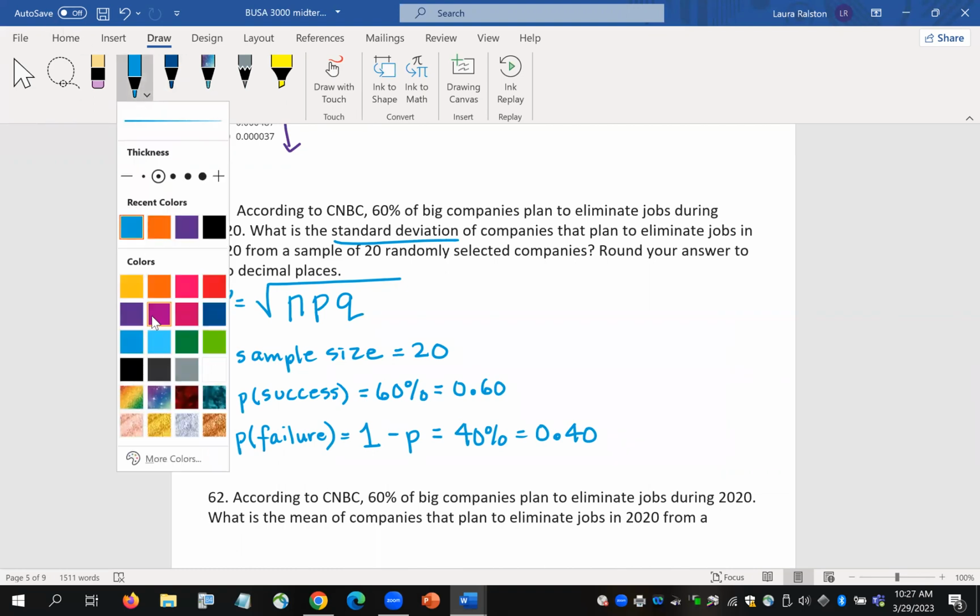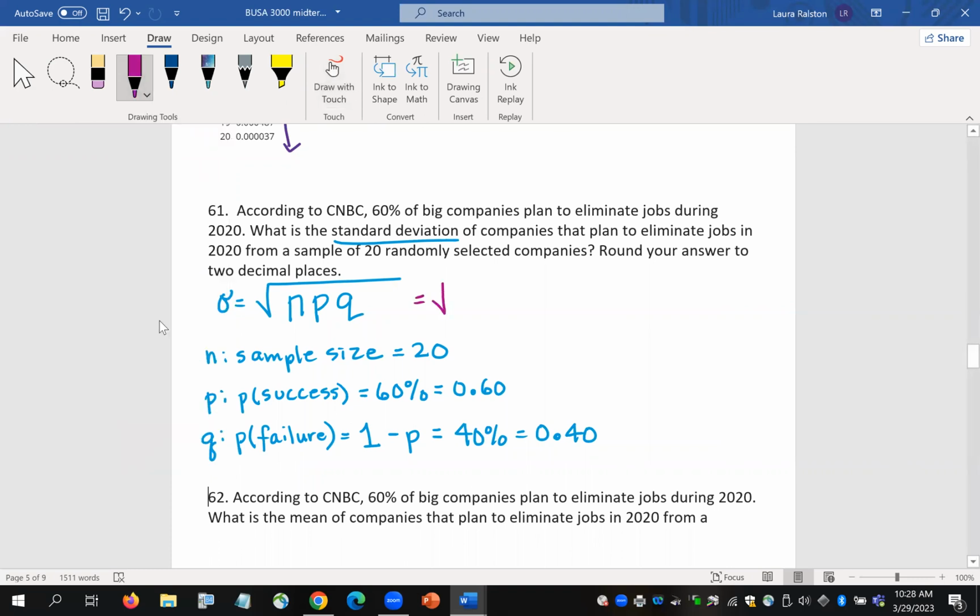And then it is a simple plug and chug. So I would have the square root of 20 times 0.6 times 0.4. Remember to follow order of operations. So I would do that multiplication under the square root first. 20 times 0.6 times 0.4 is 4.8.